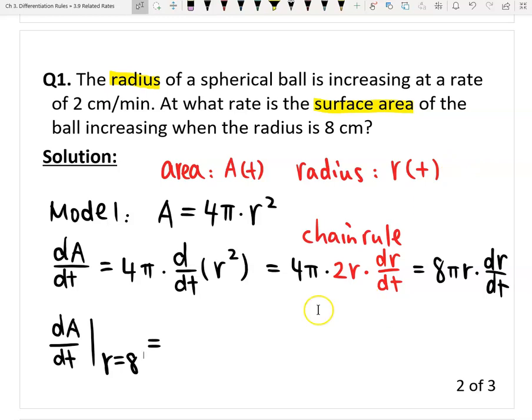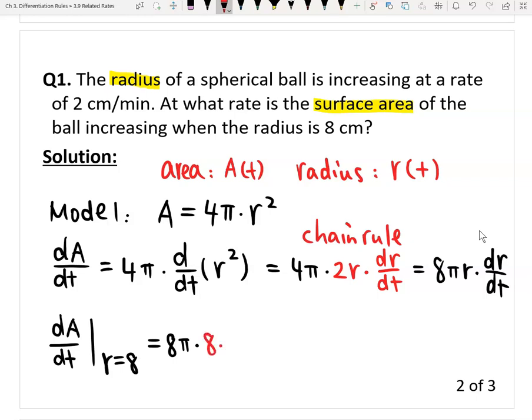Okay, so we already have the rate is 8 pi times r. What is r? R is 8. And what is dr/dt? This is the rate given in the question, which is 2 centimeters per minute. So everything we know, just plug in. See what do we get? We will get 8 pi times r. What is r? R is 8. They already gave you.